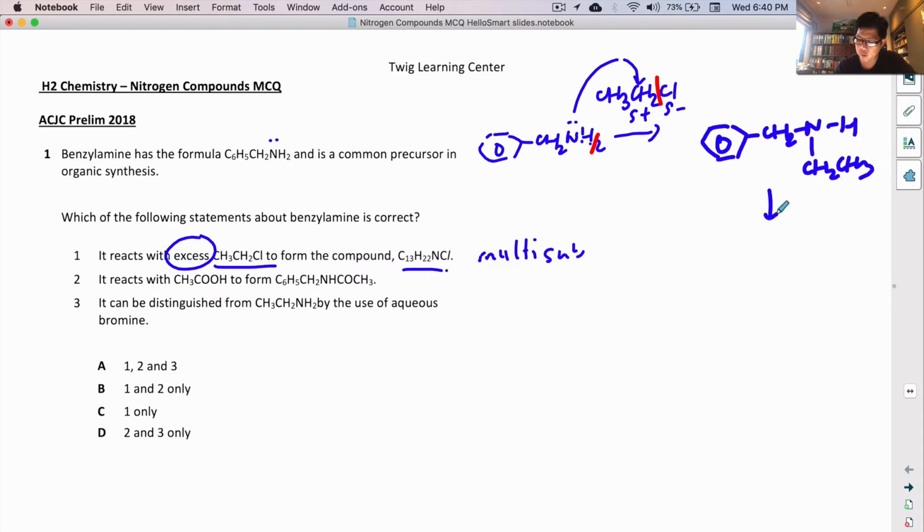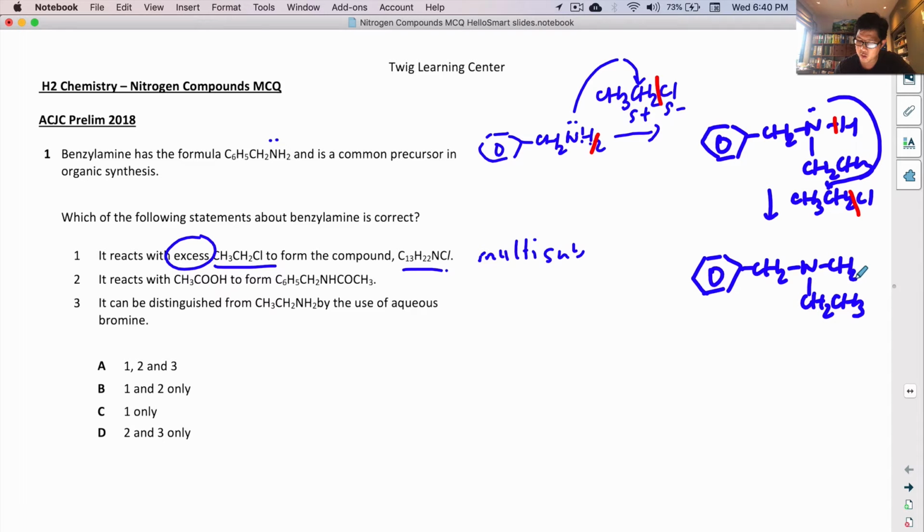This process can still continue with excess CH3CH2Cl. The next product you can get is C6H5CH2N(CH2CH3), and then the lone pair will take this carbon, kick out the Cl and kick out the H, so it goes again with CH2CH3.